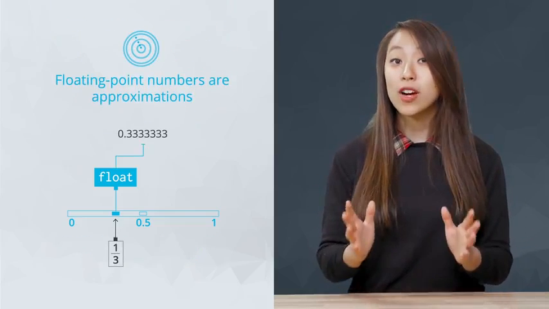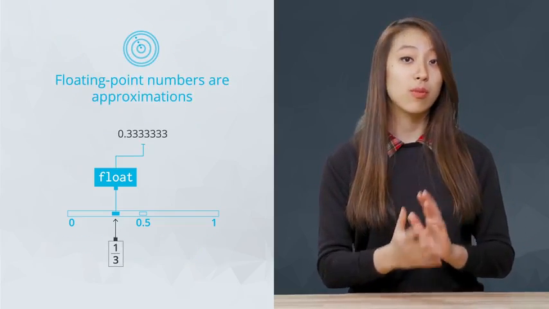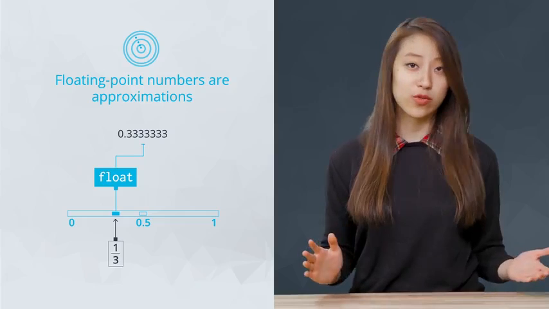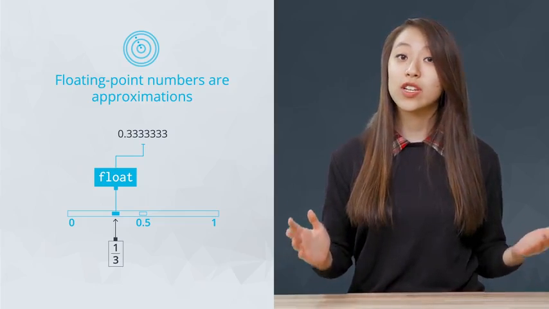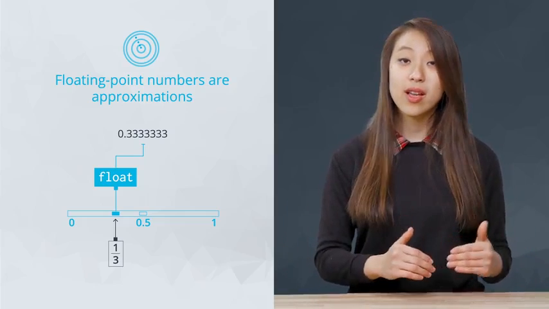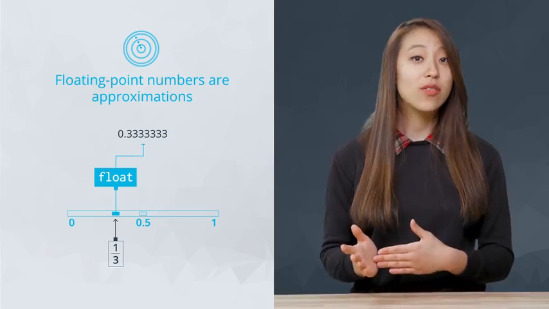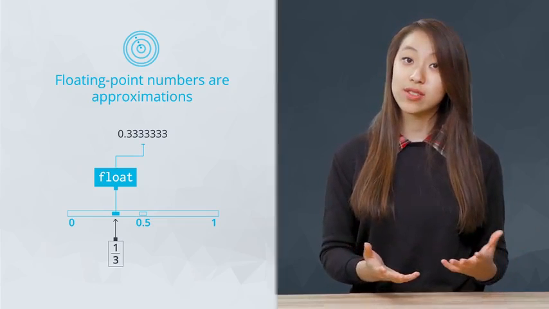Floating point numbers are approximations of the numbers they're supposed to represent. This is necessary because floats can represent an enormous range of numbers. So in order to fit numbers in computer memory, Python must use approximations. This trade-off can sometimes have surprising results.